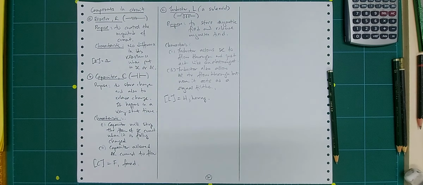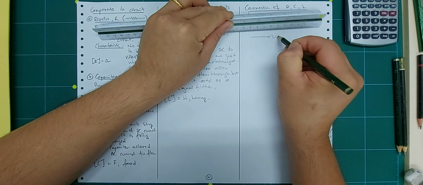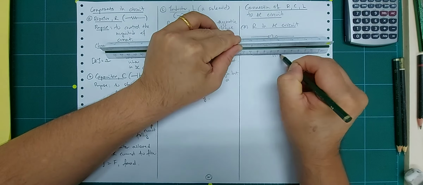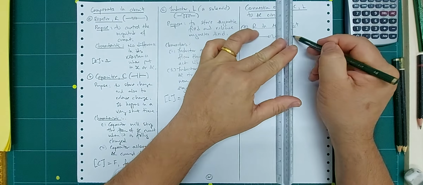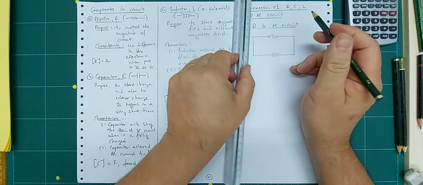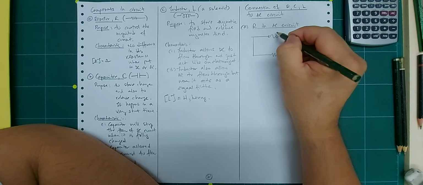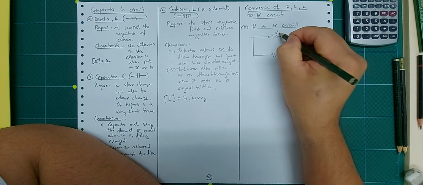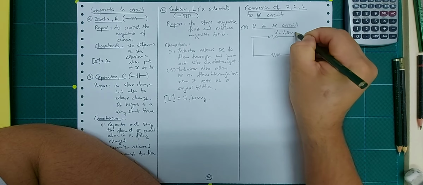When you connect R in an AC circuit, with the resistor symbol like that, definitely current will pass through, right? This one is our voltage. You already learned waves, so you already know this is something that looks like this, omega t.